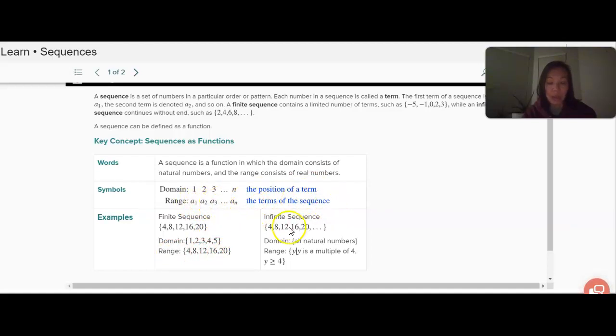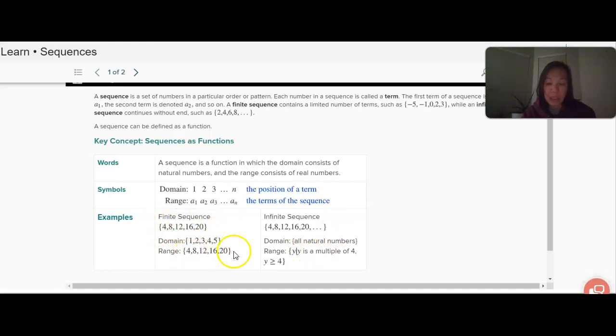A1, A2, A3. So for this, the domain is 1, 2, 3, 4, but this keeps going, so it's all natural numbers, whereas here the domain and range are limited. In this case, we would say the domain is the set 1, 2, 3, 4, 5, since there's only 5 terms.